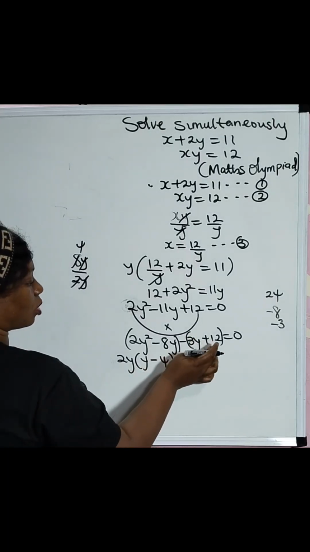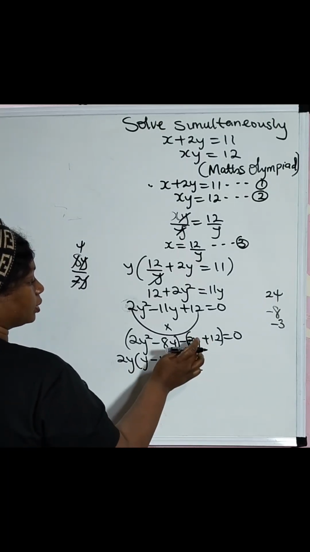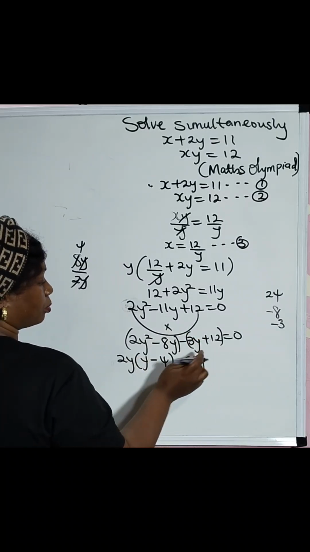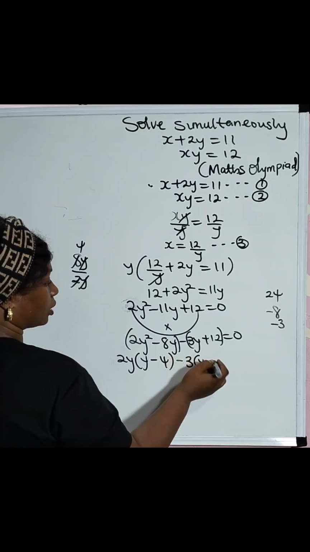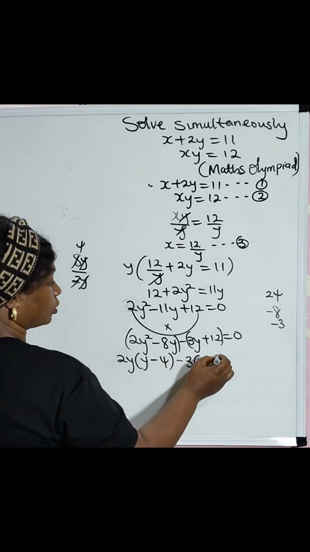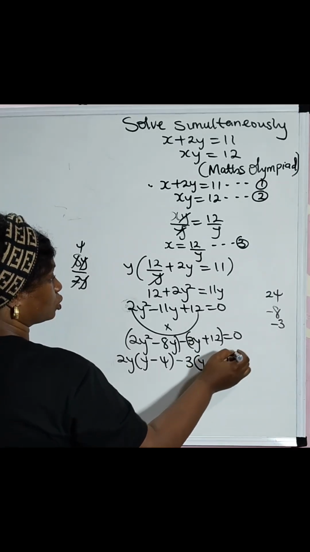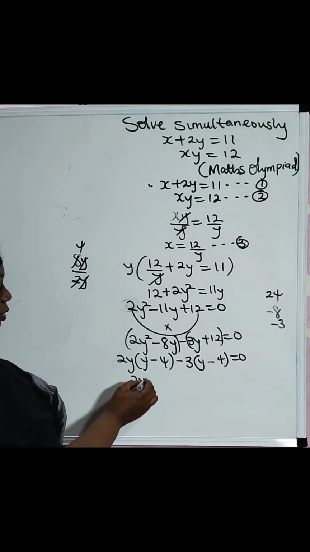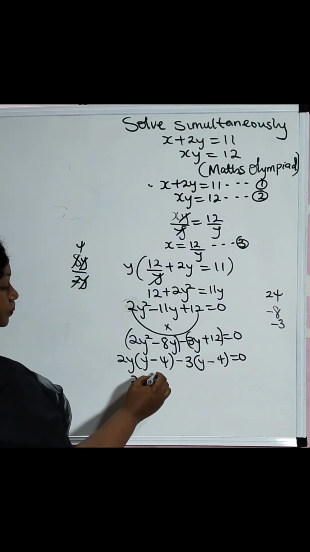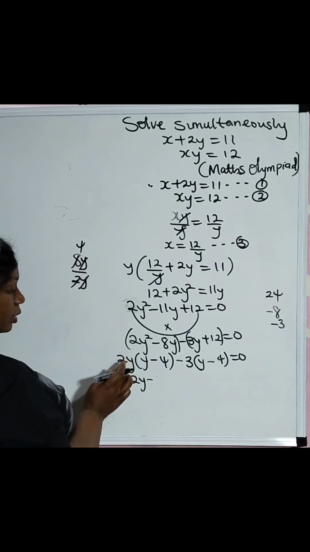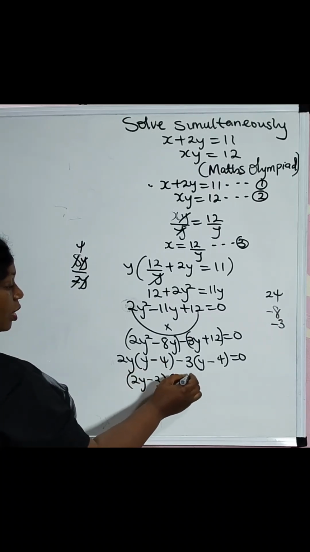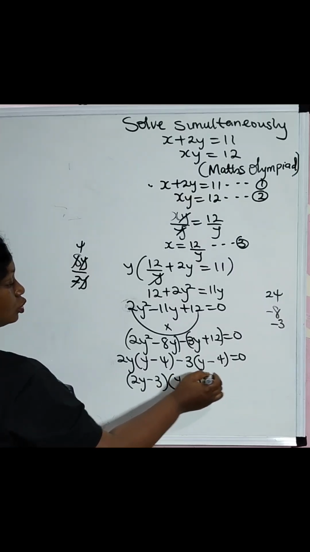Minus, what is common here? 3. 3 into 3y will give us y. Minus times minus will give us plus. 3 into 12 will give us 4. This is equal to 0. Now we have that 2y minus 3, bracket y minus 4, is equal to 0.